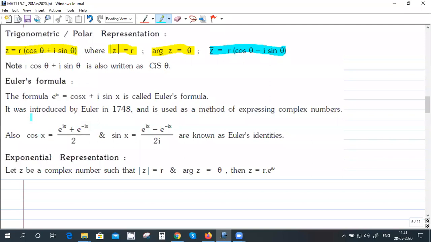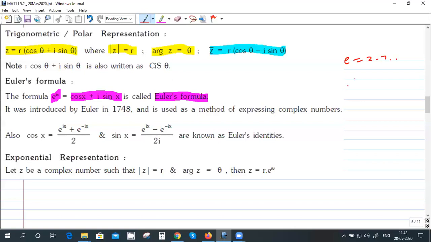All right. Now we introduce a new formula called Euler's formula, where you write cos x plus i sin x in a short notation as e raised to the power ix. E raised to the power of a real number you know already. E as a value is 2.7 something.